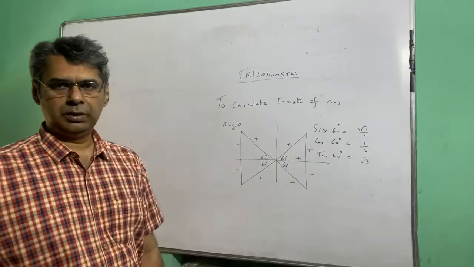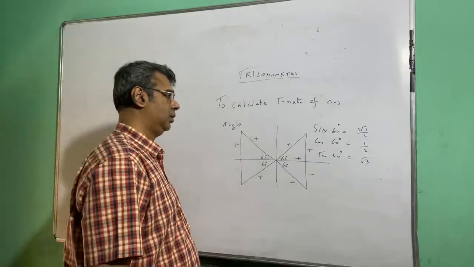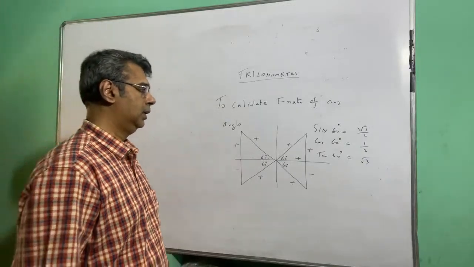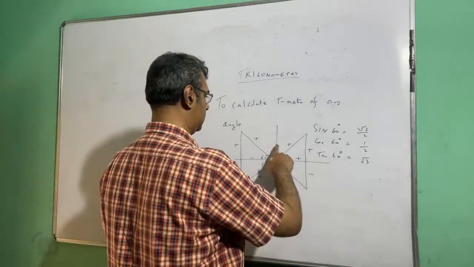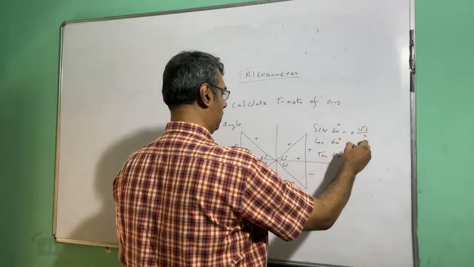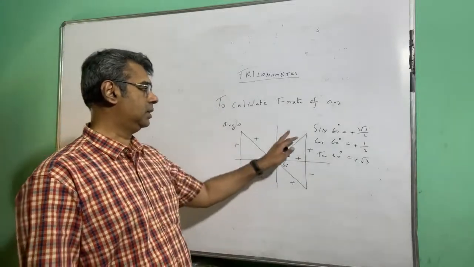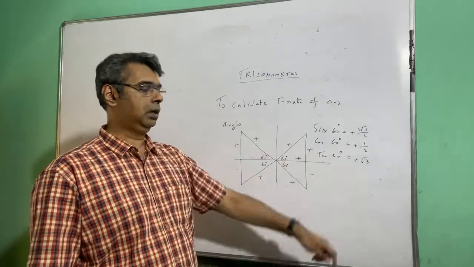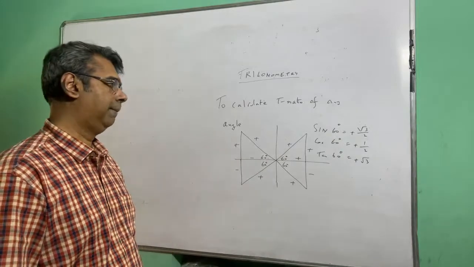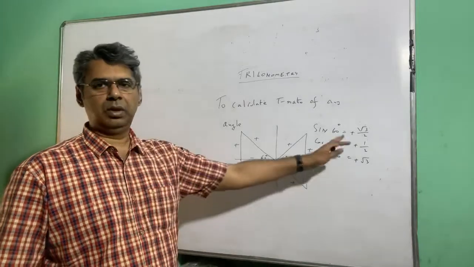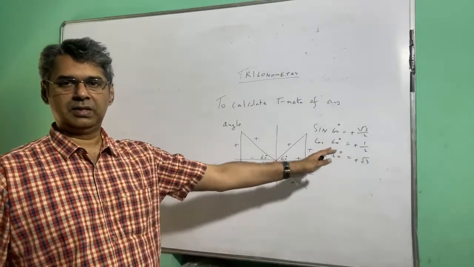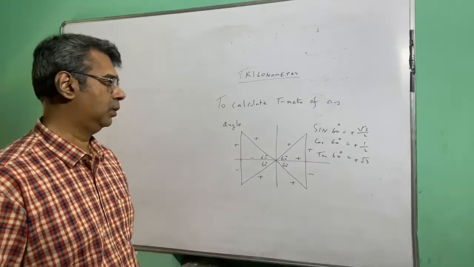Sine 60 is root 3 by 2, cos 60 is 1 by 2, tan 60 is root 3, and it is in this area, so all of them will be plus. Because it is in this area, all three of them will have a plus sign. This you already know.